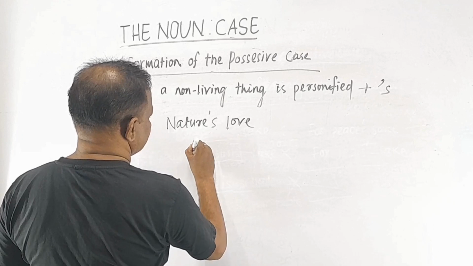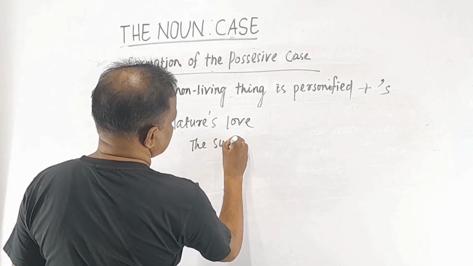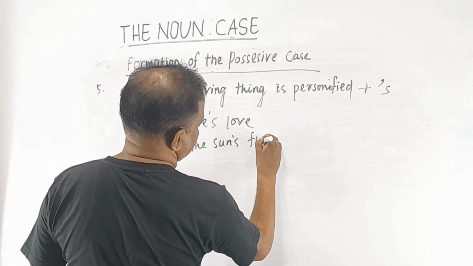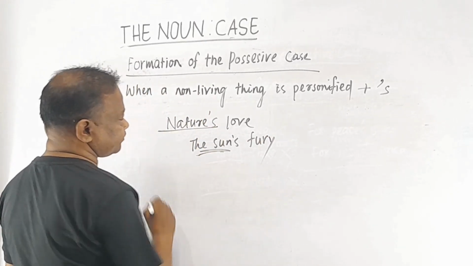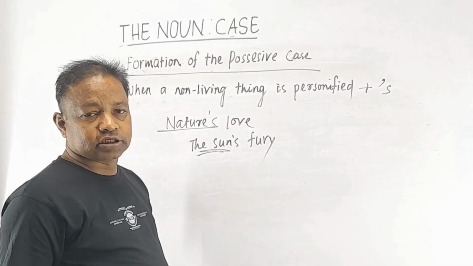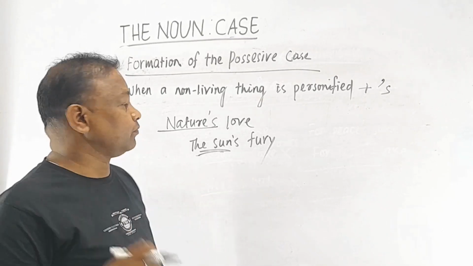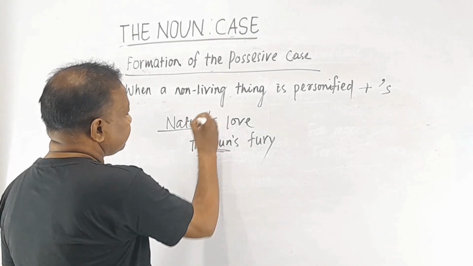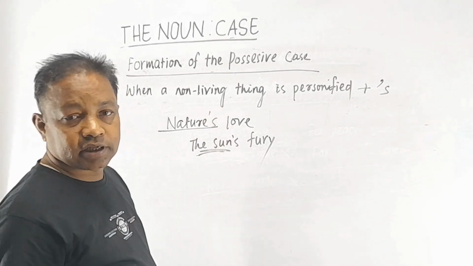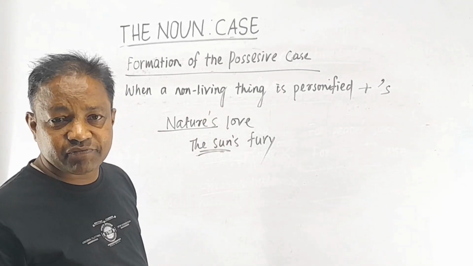Exactly. The sun's folly. Okay, because you have nature and the sun, these two nouns are compared with the living being, or these are personified. That's why we have added apostrophes in their possessive forms or possessive cases.